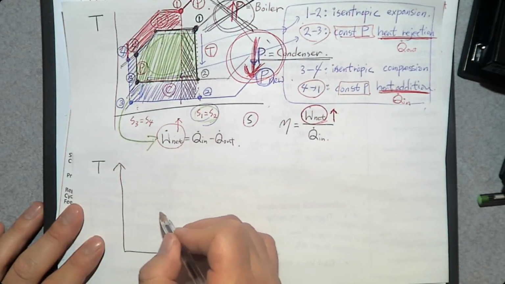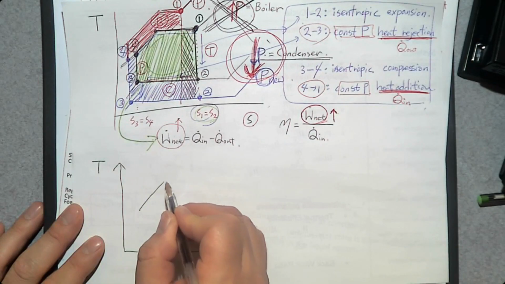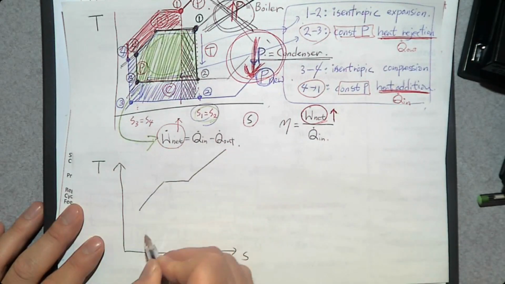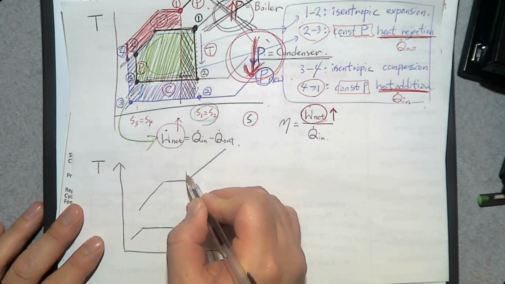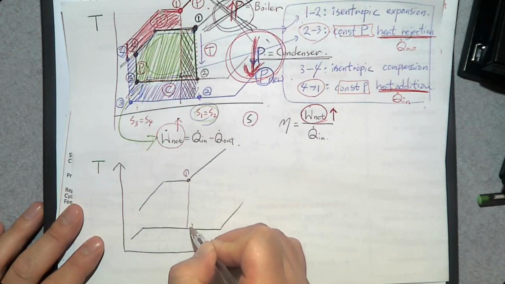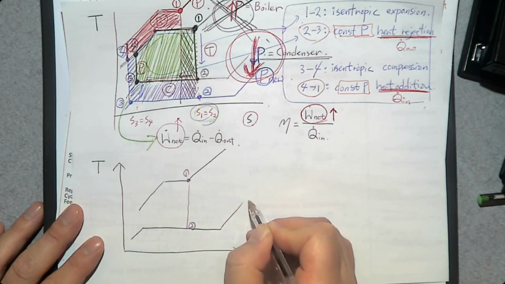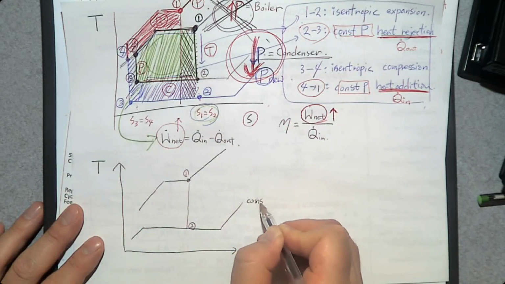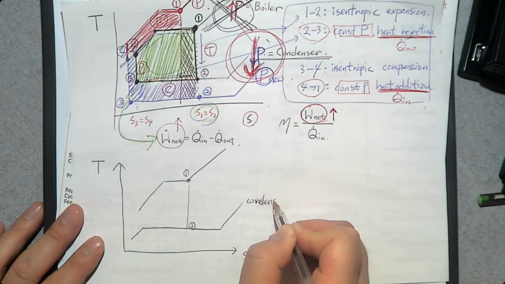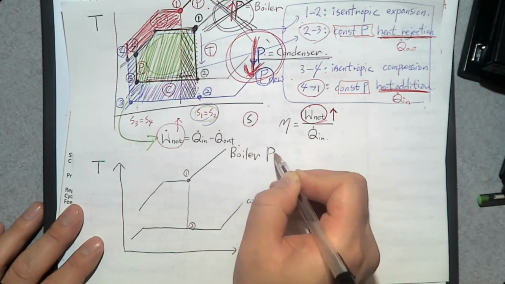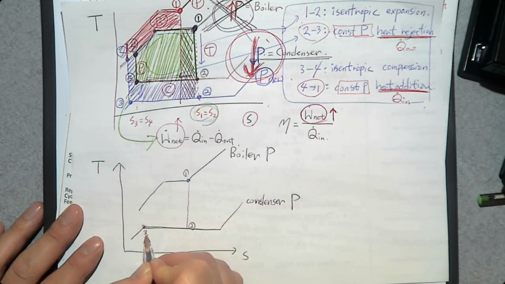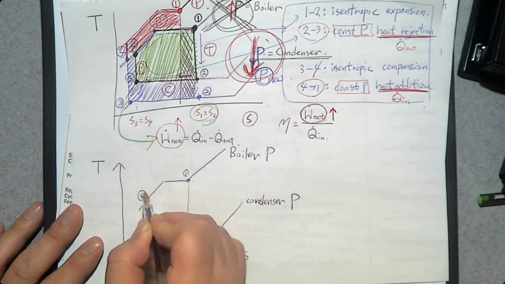this is the original Rankine cycle. So starting from here, number one, number two, the condenser pressure should be as low as possible. Condenser pressure. This is boiler pressure. And number three, and number four.